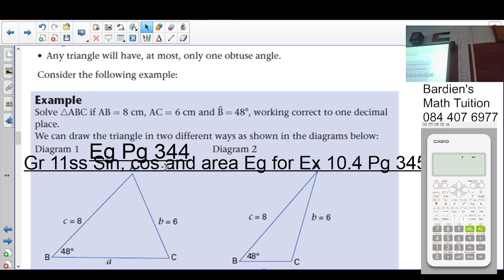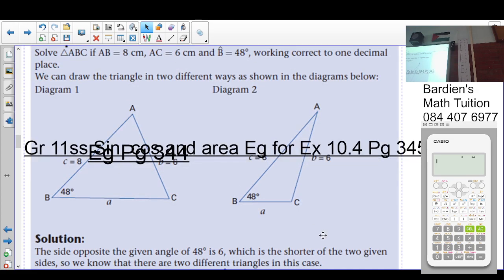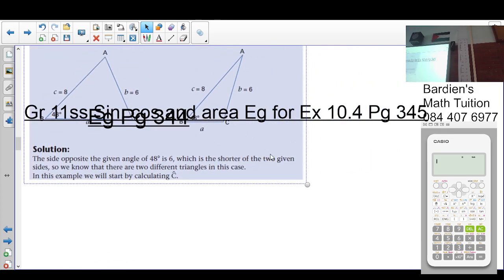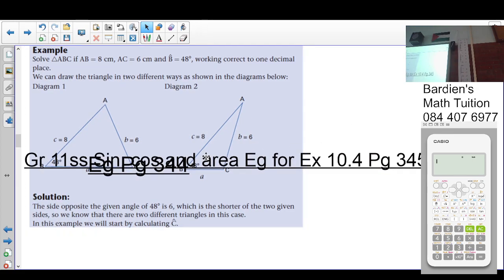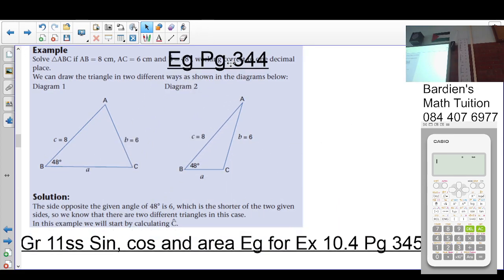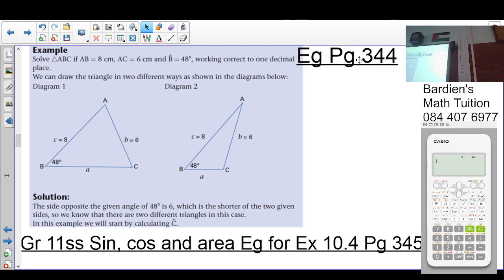Consider the following examples. We're looking at example 1 on page 344. The question says solve triangle ABC. If they tell you solve the triangle, what does that mean? It means calculate all the unknown angles and all the unknown sides.